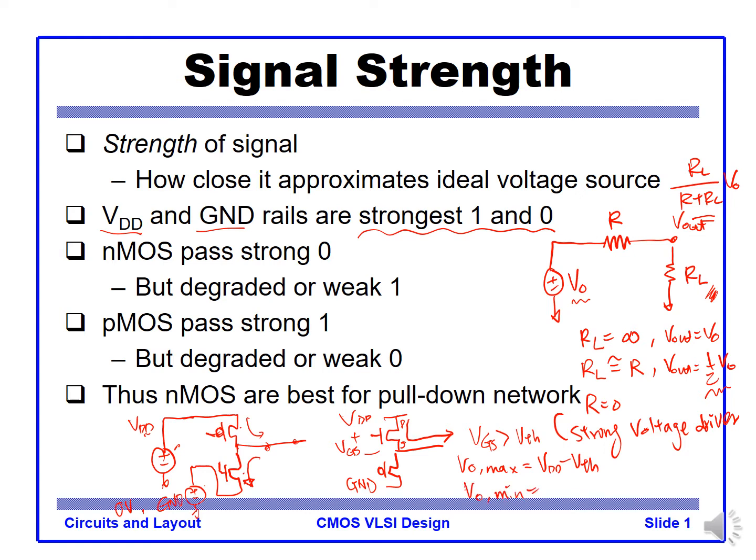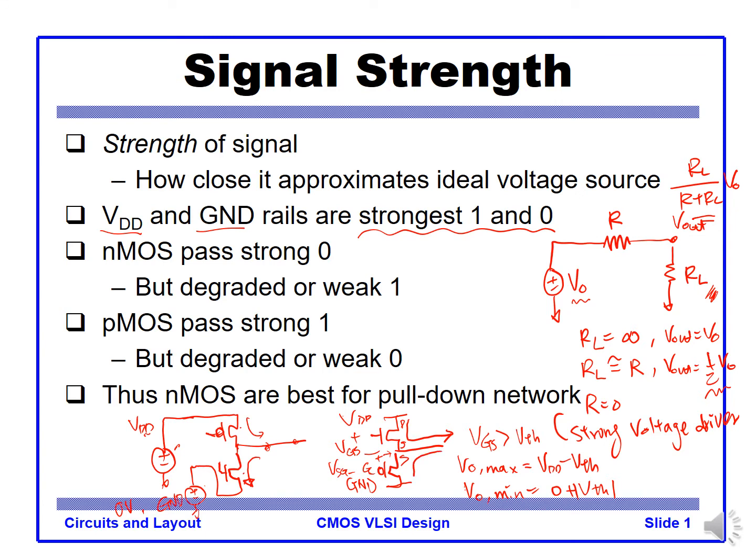Similarly, for the pull-down, VO min is limited to 0 plus the VTH of the PMOS. For the PMOS, we have a source and gate, so VSG determines the behavior of the transistor.